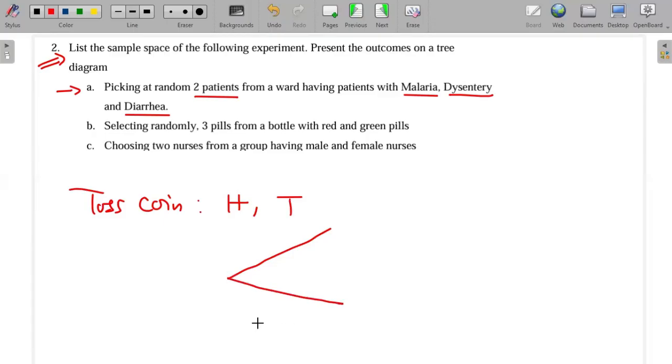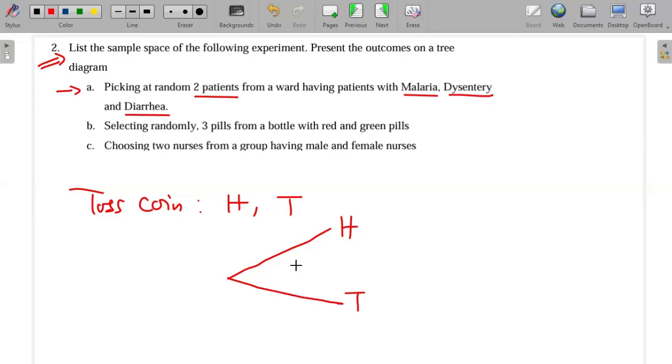When I toss this coin, my first outcome can be a head. And if the coin lands on the head in my first attempt, then in another attempt it can land on the tail. This thing that shows the distribution of the probabilities of a certain event is what we are calling the tree diagram.